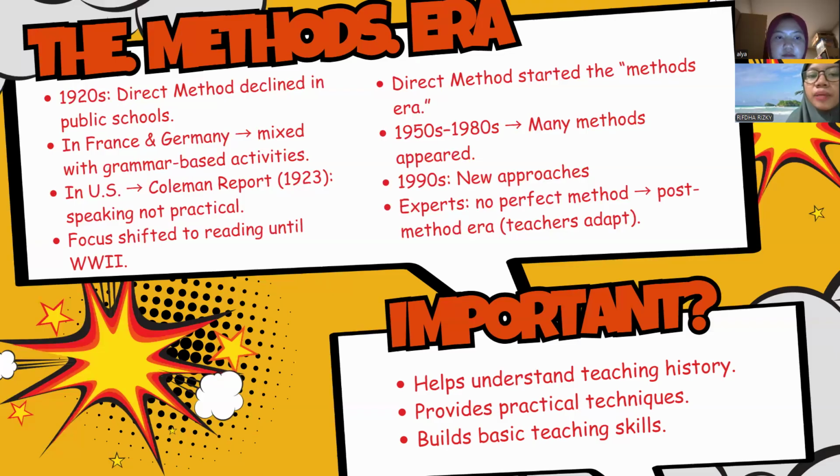So the direct method started the method era. Basically, the method era became a new era of language teaching where many different methods were introduced. And then from the 1950s until the 1980s, many methods appeared.